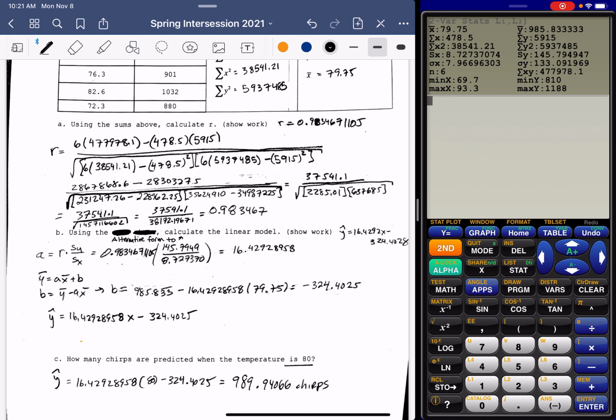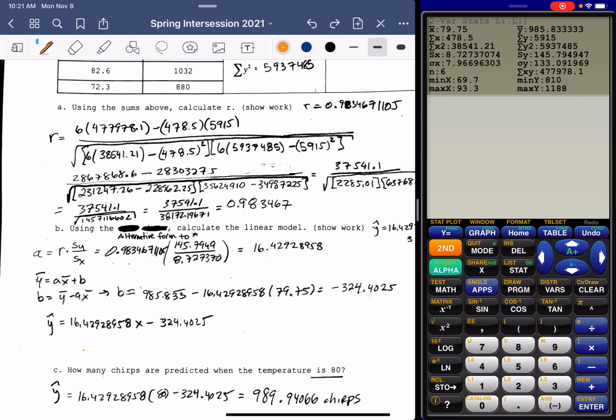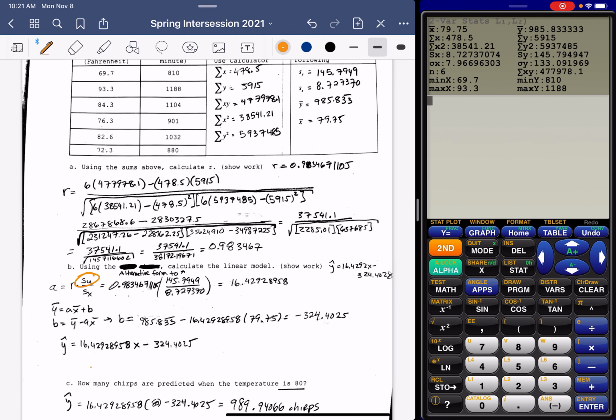Pretty flexible in that. But in this case, we're going to be using the alternative form, meaning we have these values right here. Okay. So for A, we need R, which we have from what we did before. We need SY that we got from the calculator, right, which is right here. SX from the formula.